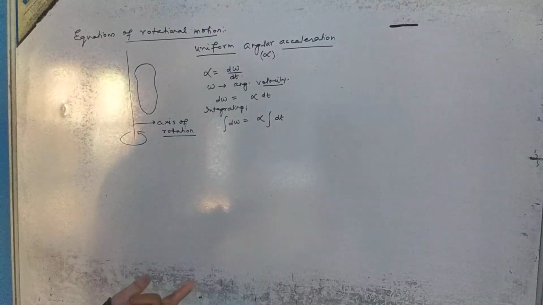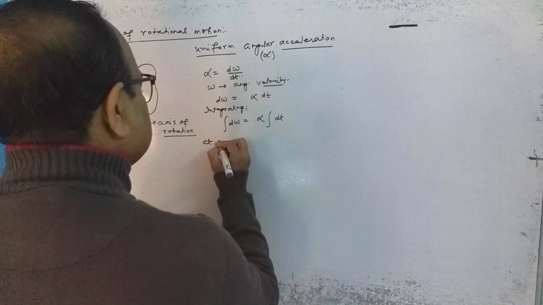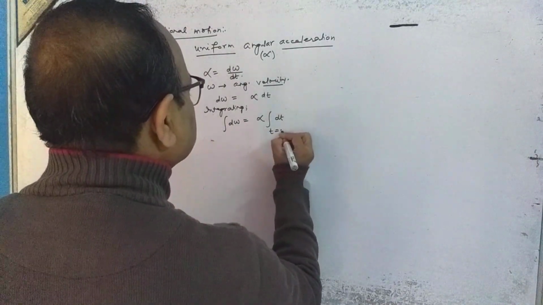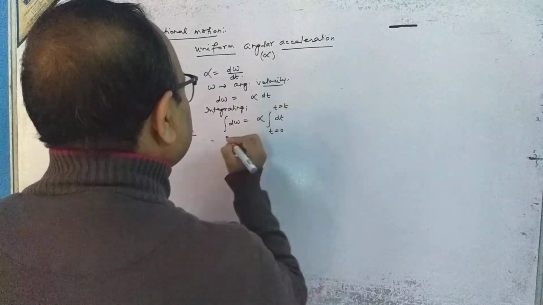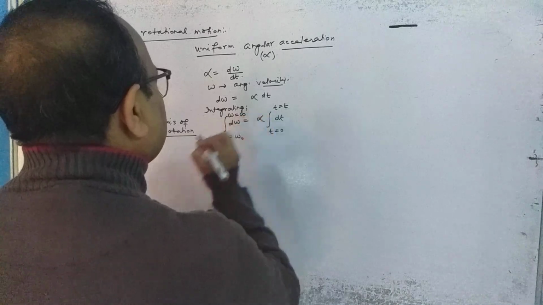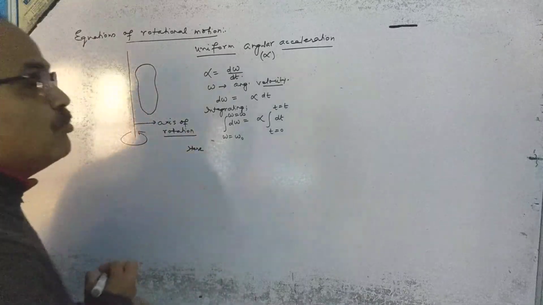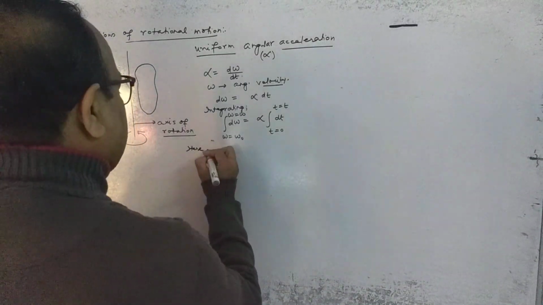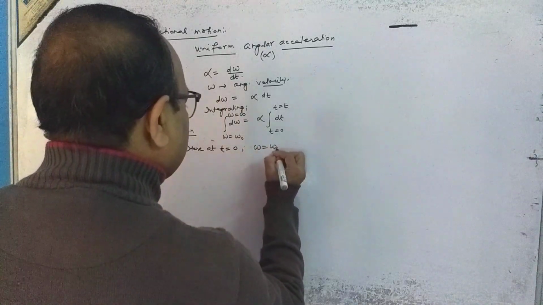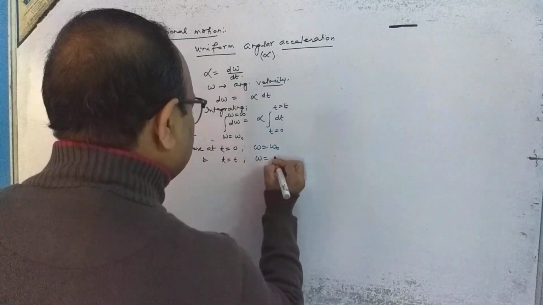It is a definite integral: t goes from 0 to t, and omega goes from omega naught to omega. At t equal to 0, omega is equal to omega naught, and at t equal to t, omega is equal to omega.